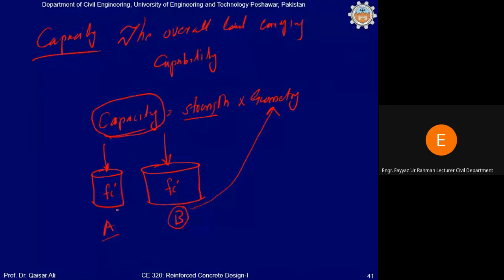अच्छा, अगर हम इसी size का एक sample ले लें, this is a sample which is of the same size, but now this sample is made up of steel, Fy. For example, this is sample C. अब मुझे बताएं which one will take more load, sample A or sample C?